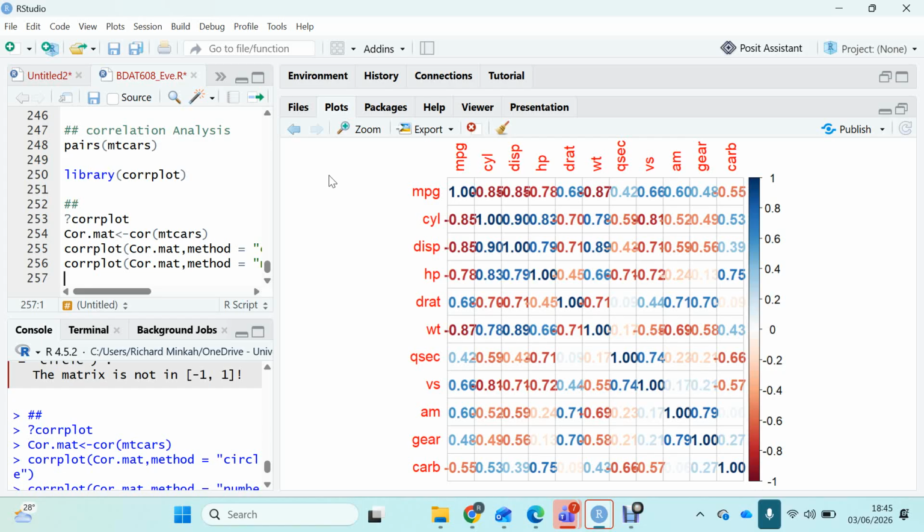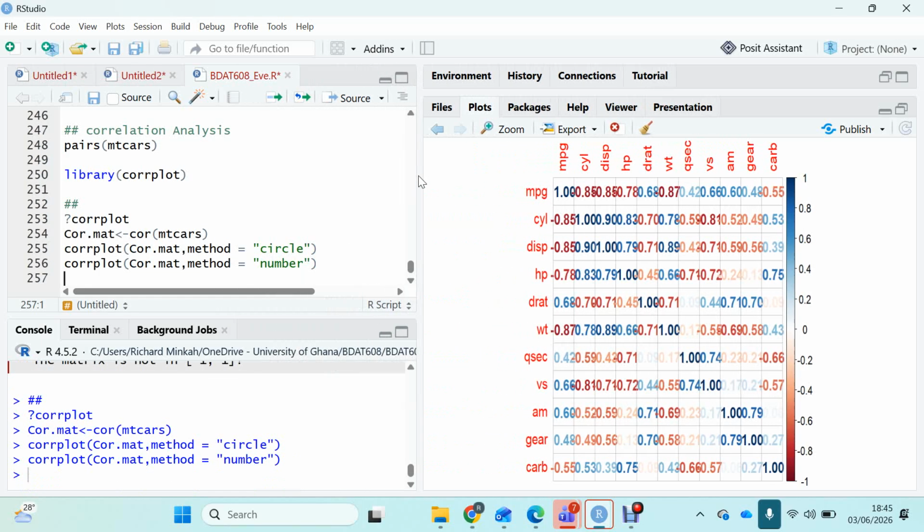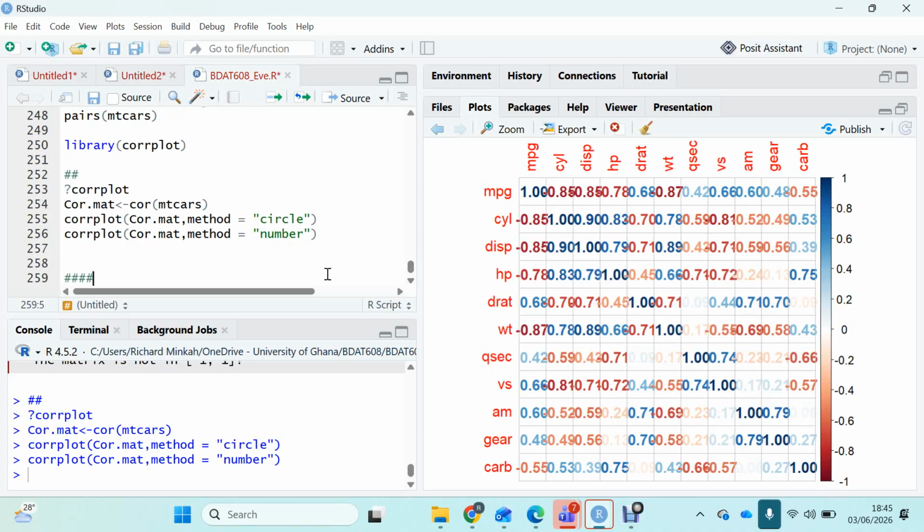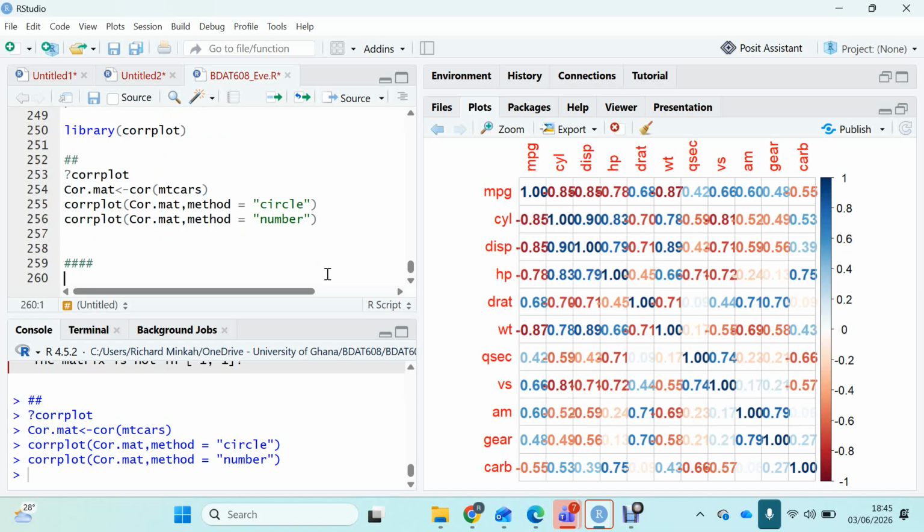If the color is deep, the correlation is high. So this gives you quite an easy way of presenting the correlation between them, and that helps you in giving the analysis of it.